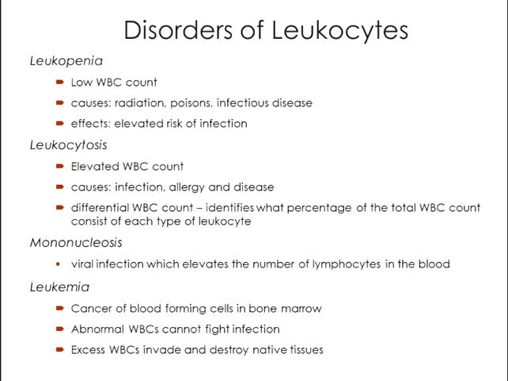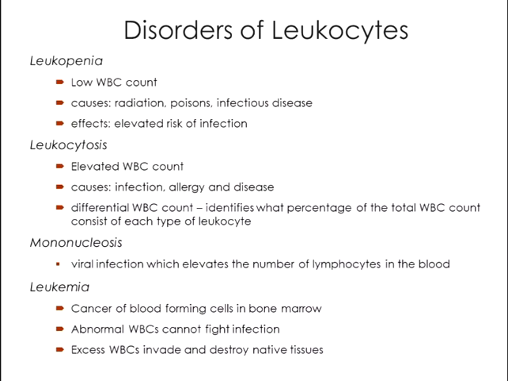This is also why someone who's receiving radiation or chemotherapy loses their hair, because hair is constantly going through mitotic division, and when you stop that process, you stop it everywhere. When you understand that, it helps you understand what someone is going through.